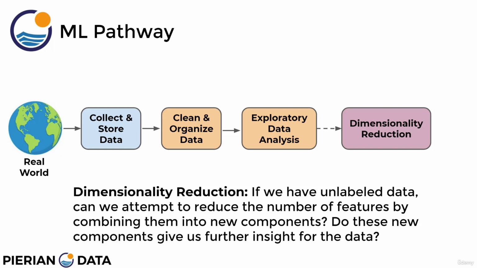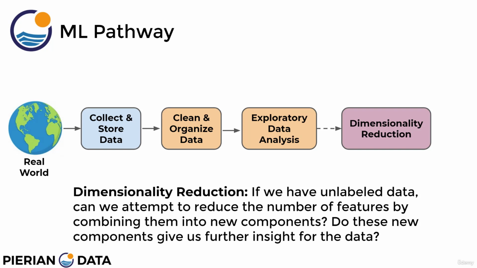And with dimensionality reduction, and often dimensionality reduction is combined with other machine learning methods, you can combine different features and create new components out of them. And then maybe you can reduce from, for instance, 25 components all the way down to 3 or 2 components, which you can then actually plot out and have a human readable format with this new component set.